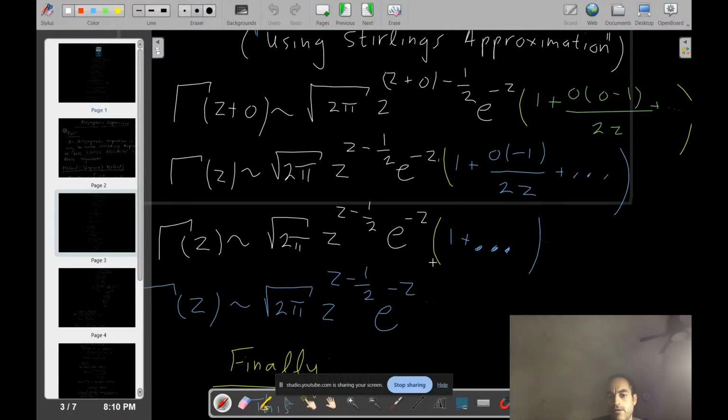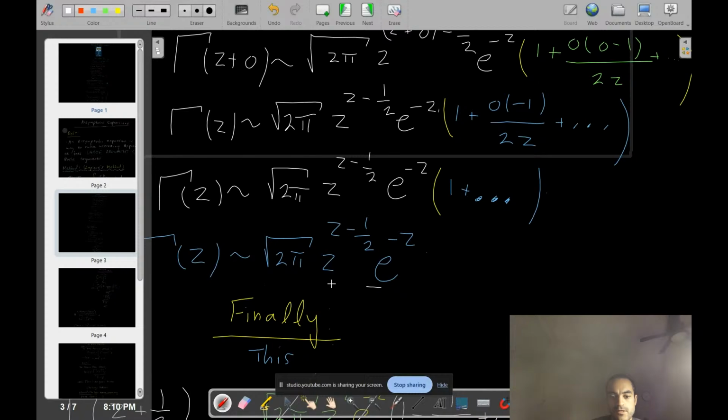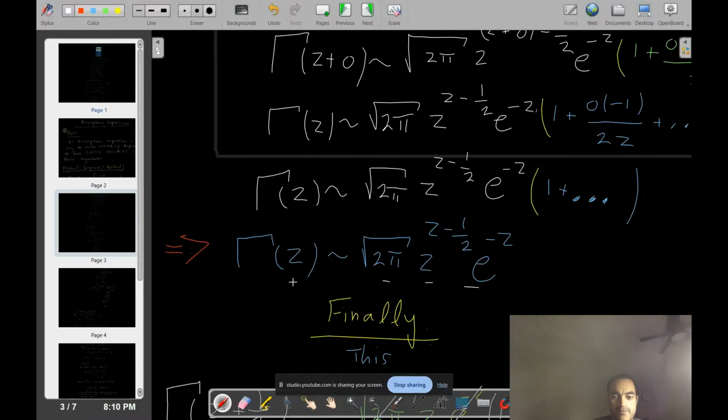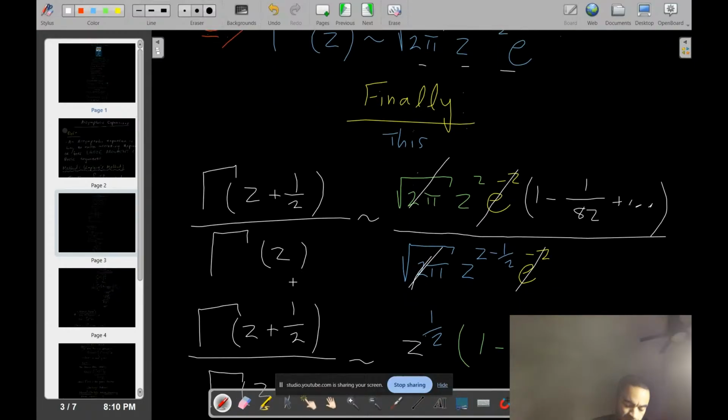Okay, and what you should see here is that you get an asymptotic expansion of root 2 pi times z to the minus a half e to the negative z times 1, and then this is over here. Okay, so that's my gamma of z expression. Since we're dividing the ratios, it's the ratio of the asymptotic expansions, sorry. So take both asymptotic expansions, divide them.